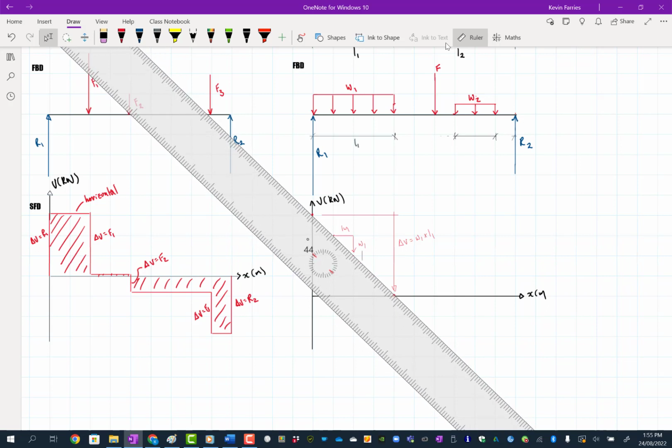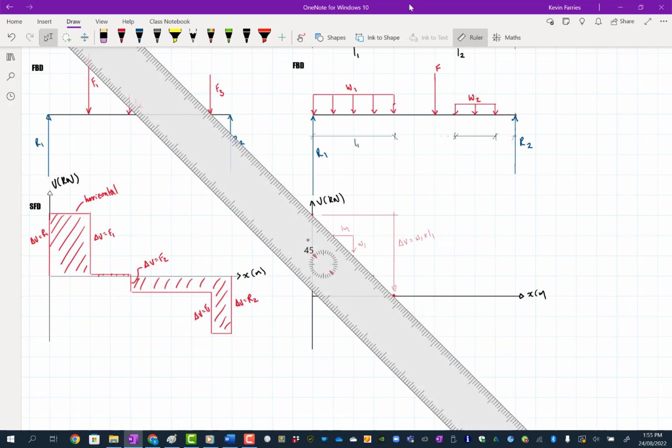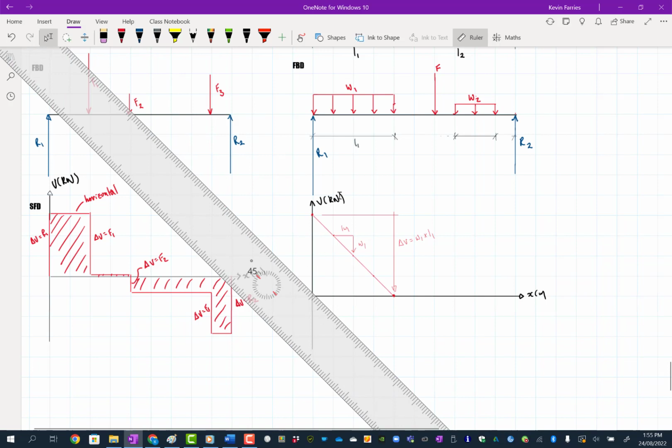And what it really comes down to is the gradient of this line is equal to the magnitude of this line load, allowing for its direction. And so the gradient of this line, for those of you that have done the maths, you just do change in y divided by x. It's going to be exactly the same as the magnitude of that line load. Okay, so lots of different ways to think about it.